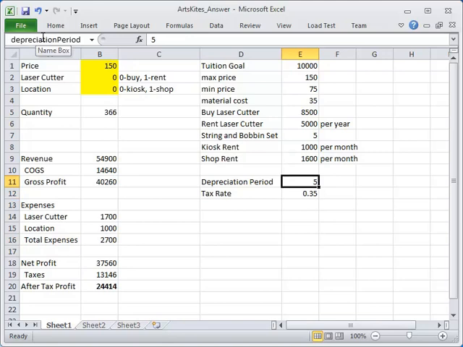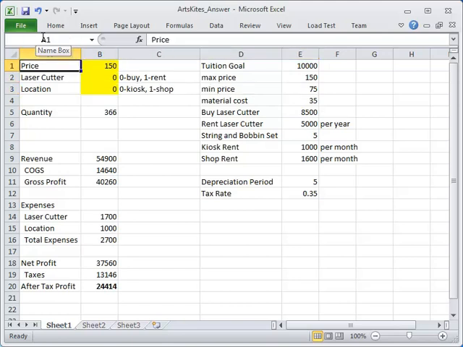So the first thing I need to do with the case is figure out what are the decisions that the person needs to be able to play with to solve this case. In this particular situation, the decisions are what is the price that he charges. Now, the case tells you that his max price is $150 and his minimum price is $75, but he gets to choose what his price is.